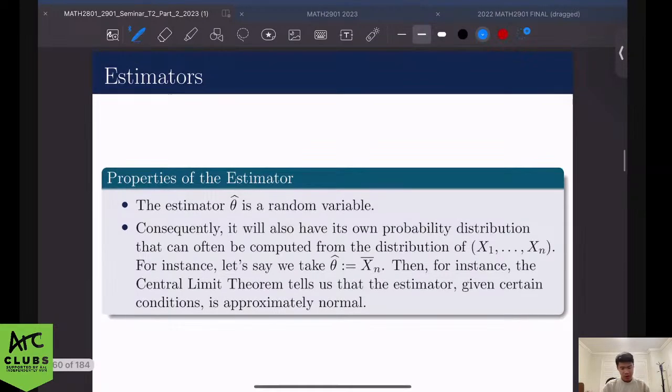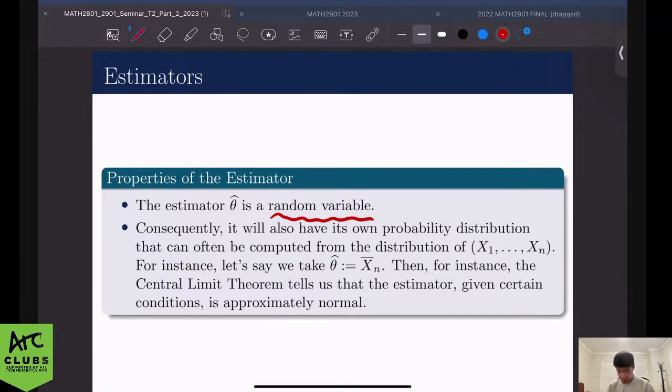First of all, to clarify something, the estimator is a random variable, right? If I'm trying to estimate, say, the mean height of the entire population, and I take a sample of n people, and those n people are all really short, like 1 meter tall, well, then my estimator is going to be kind of wrong. It's going to be 1 meter, even though the average height is not 1 meter.